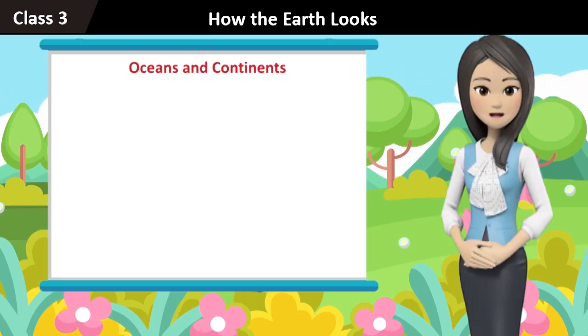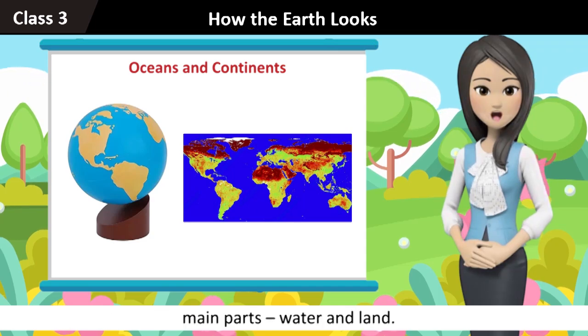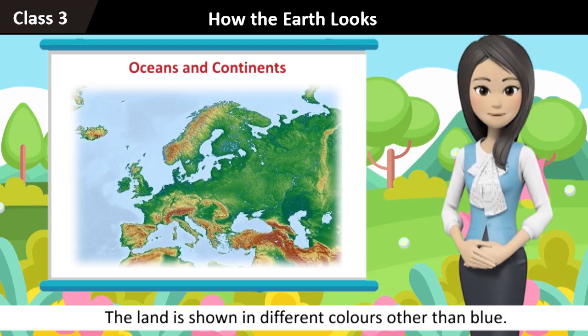Oceans and continents. If you look at the surface of the Earth on a map or a globe, you will find that it has two main parts, water and land. The water bodies on the Earth are shown in blue color. The land is shown in different colors other than blue.